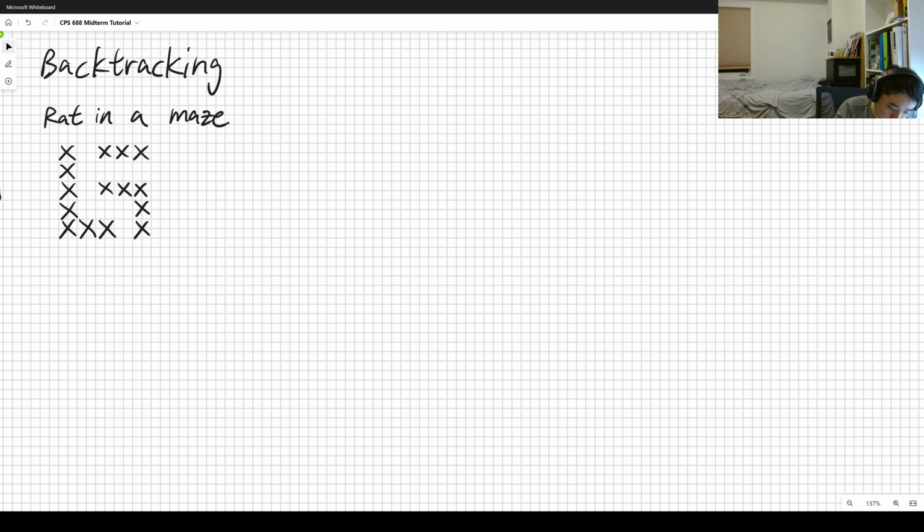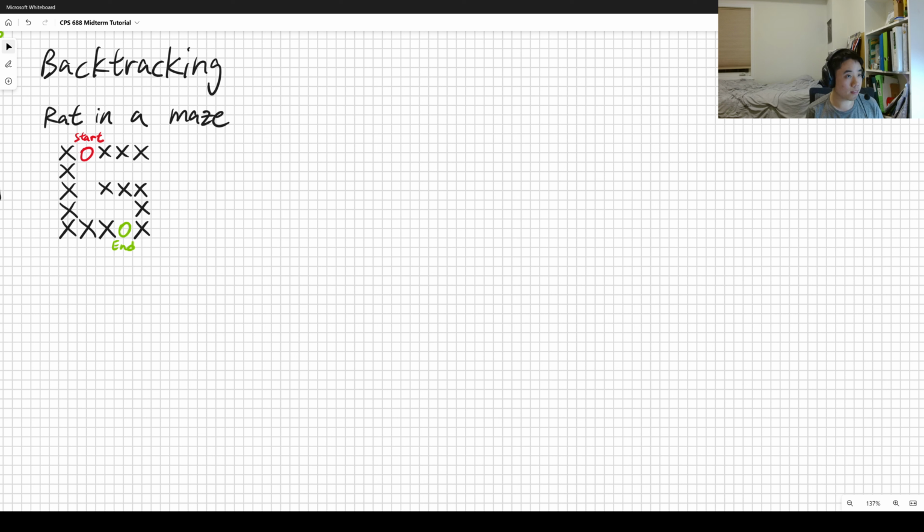I'm going to erase this one, and I'm going to mark the starting point in red. So this is the start, and I'm going to mark the ending point with green. Notice how I'm marking zeros in them as well. So this is the end.